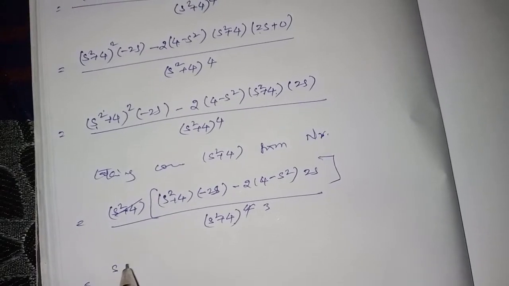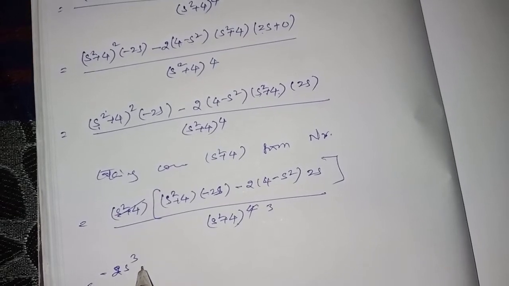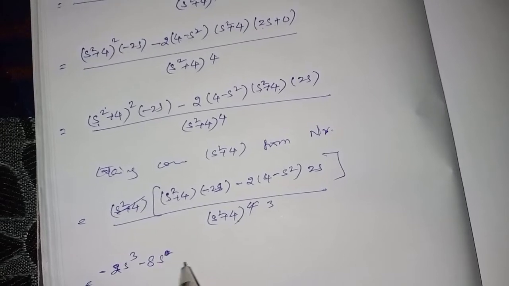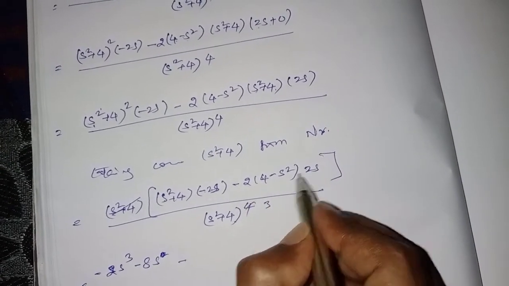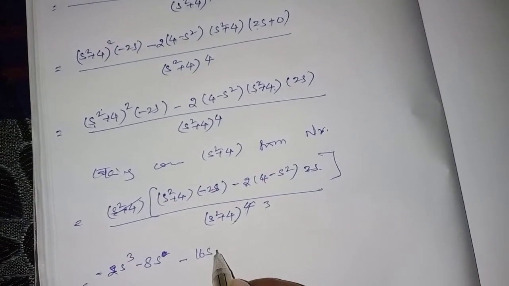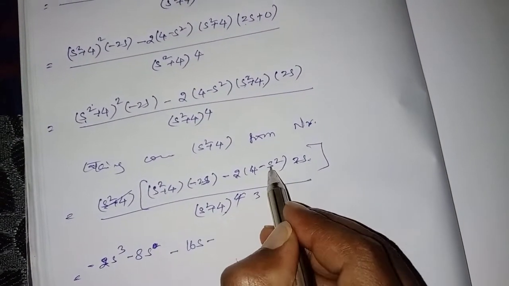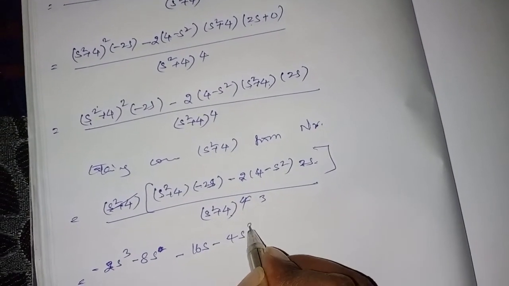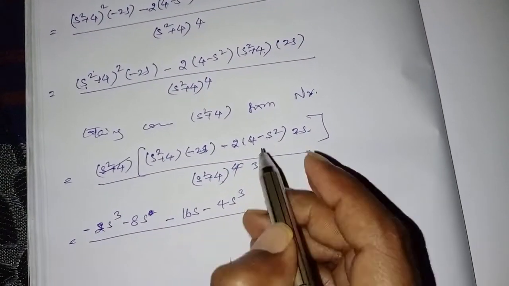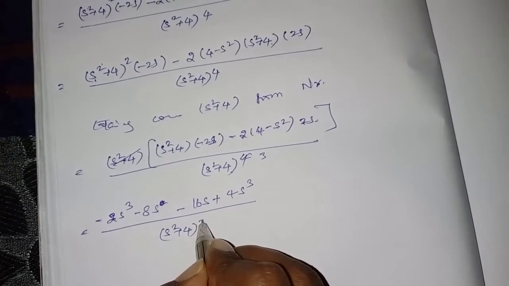That is equal to minus 2s into s square, minus 2s cube, minus 2 fours are 8s, minus 2 2s are 4s into 4, 16s, minus the next 2 2s are 4s into s square, 4s cube, see this is minus into minus, this is plus, upon (s square plus 4) whole cube.